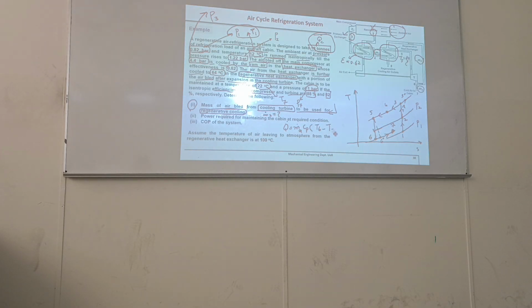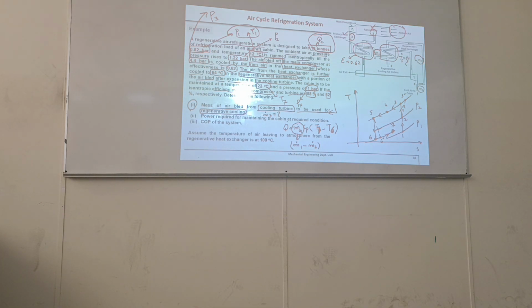T6 minus T7. Yes, T7, better to write it T7 minus T6. And m dot A, can I write it as m dot 1 minus m dot 2? Okay, this is one equation.